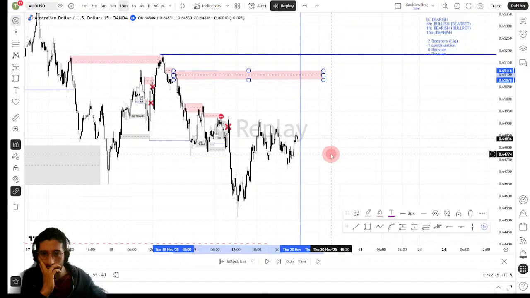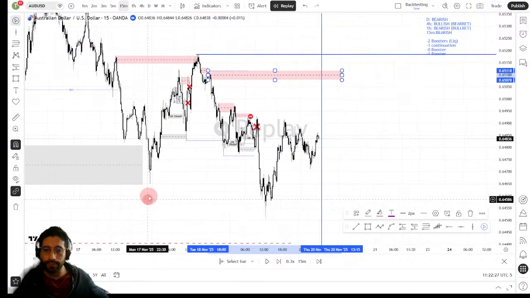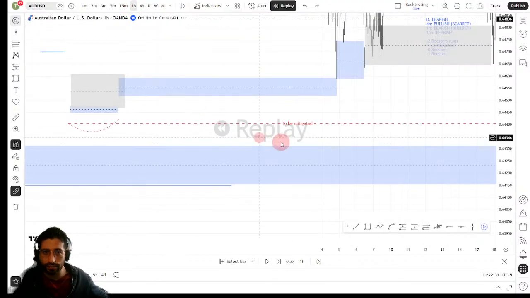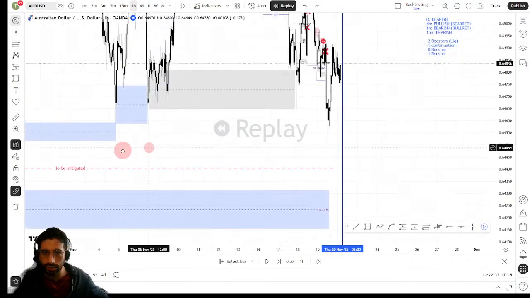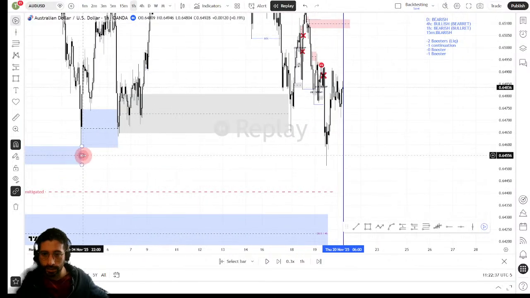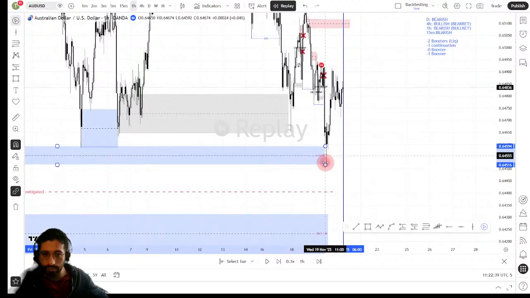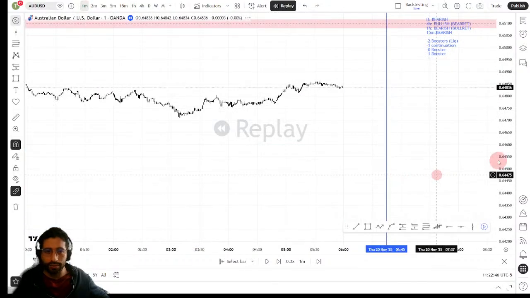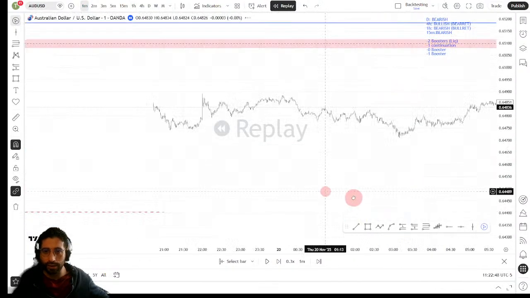And yeah, that's it. Now let me check one thing because I want to see if I can get some opportunities here to buy. Yeah, so the price entered here. Boom! It took the liquidity of the order block. After that, I'm pretty sure they made a 1 minute confirmation.